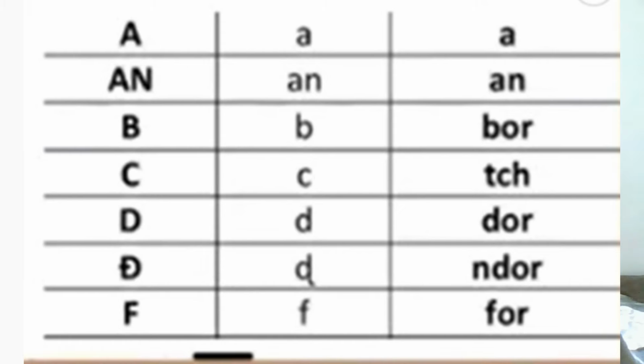This is a letter that exists only in phone language, with its capital letter and lowercase letter, and the pronunciation is D. The next one is the letter F, in capital and lowercase, and the pronunciation in phone language is F.